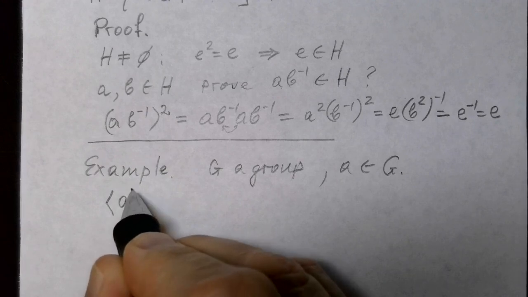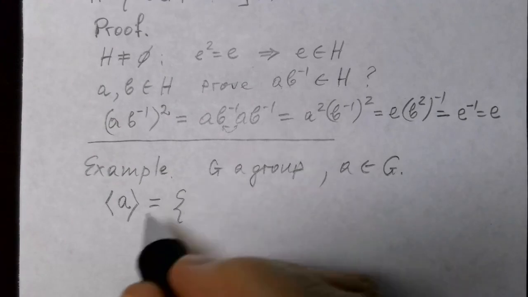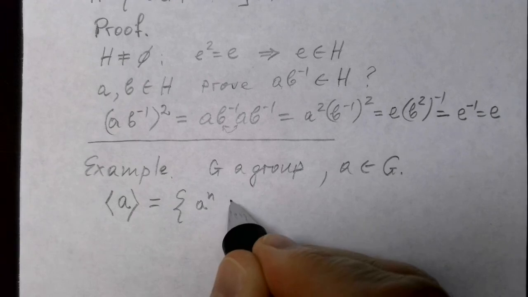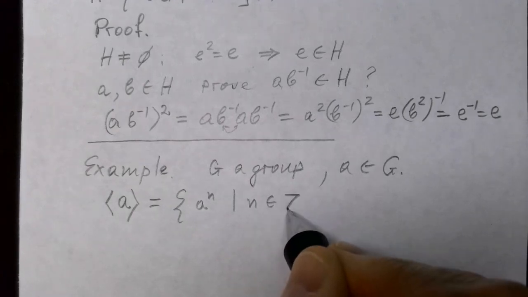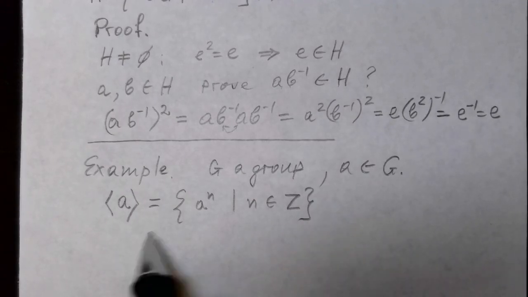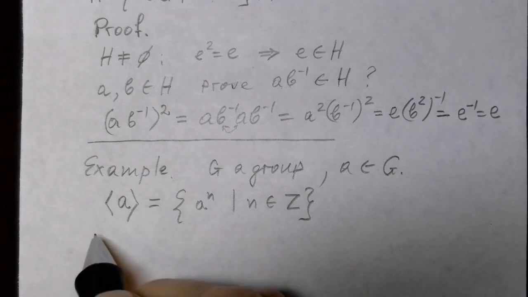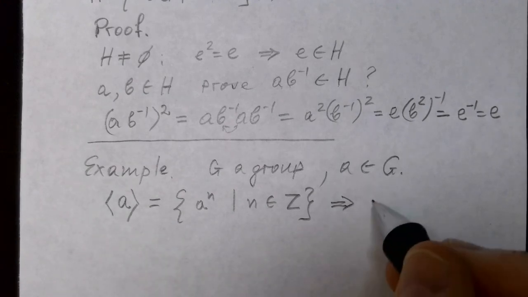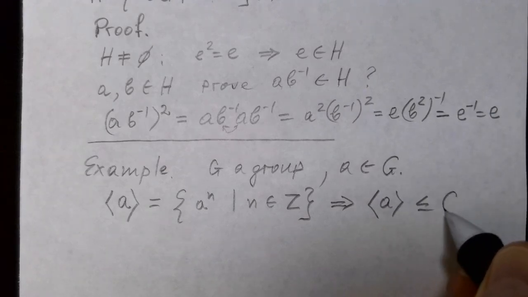We denote this way the set A to the n, where n can be any integer. So the set of all integer powers of A. Prove that this subset is a subgroup of G.